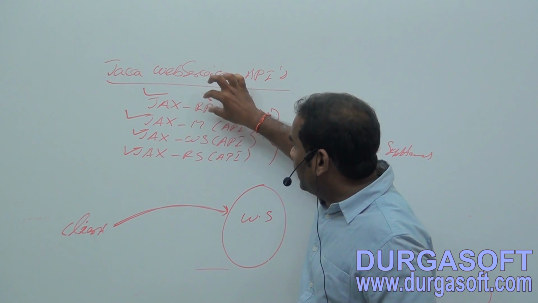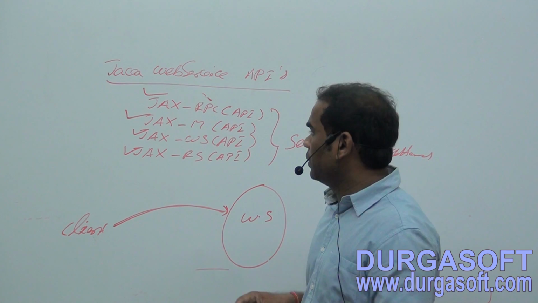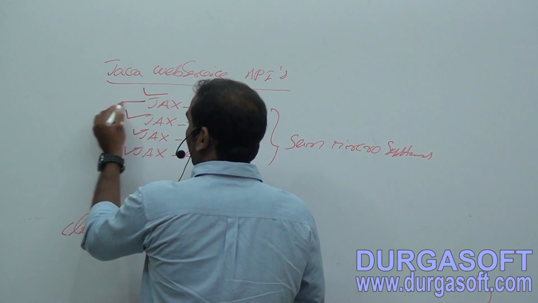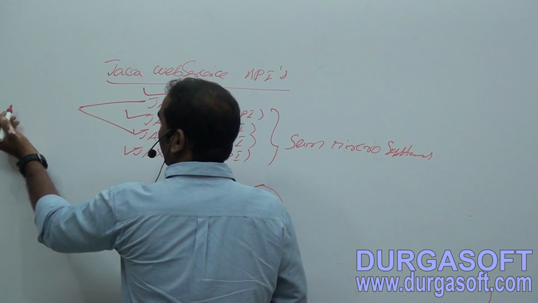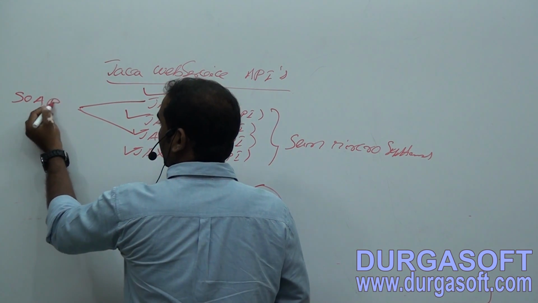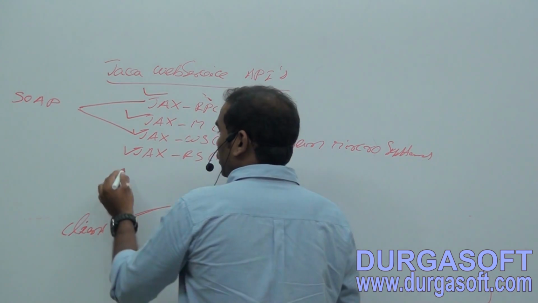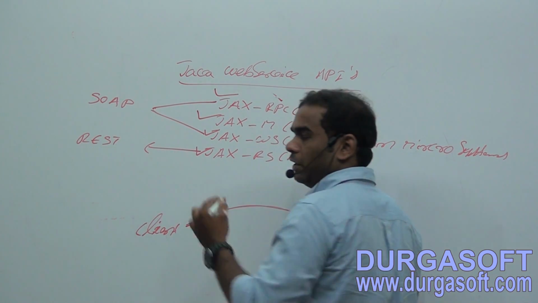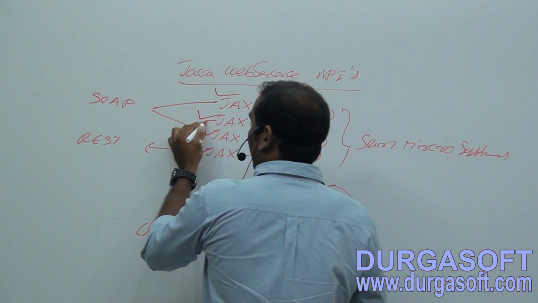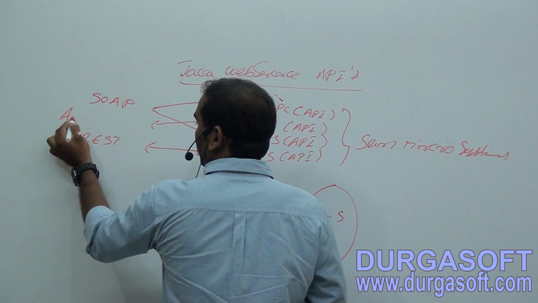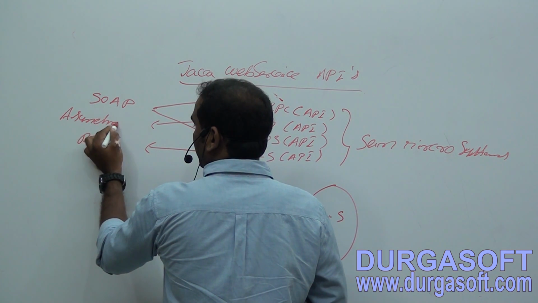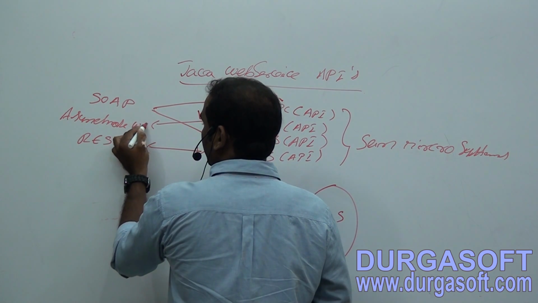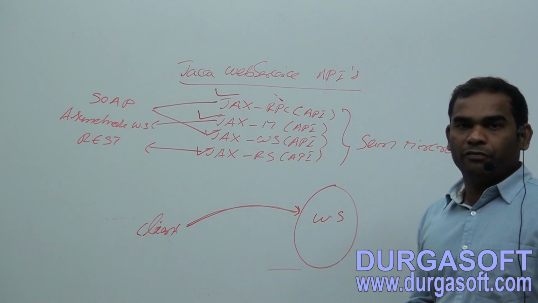So now, using JAX-RPC and JAX-WS, we can develop SOAP based web services. Using JAX-RS, we can develop RESTful web services here. Using JAXM, we can develop asynchronous web services here. Fine.